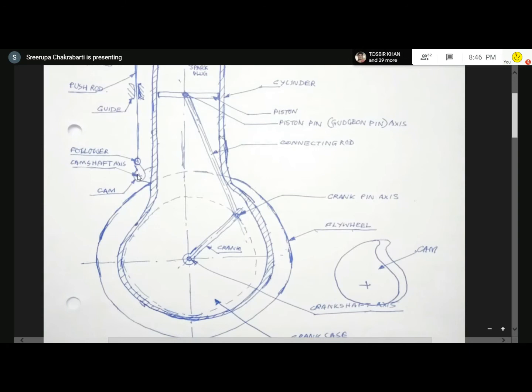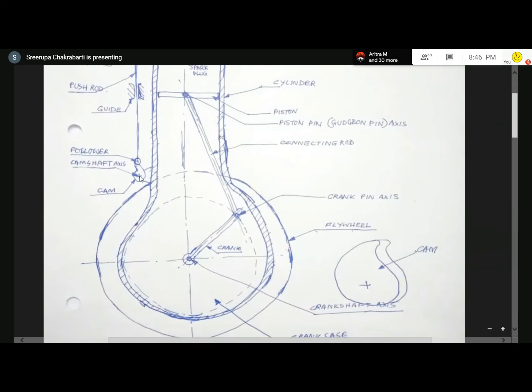Now, when the camshaft rotates, why will it rotate? Because it is driven by a gear drive. There is a driving gear here, and there is a driven gear here. So this is a pair of gears. It's called a gear train, and from the source of rotation, this gear rotates.